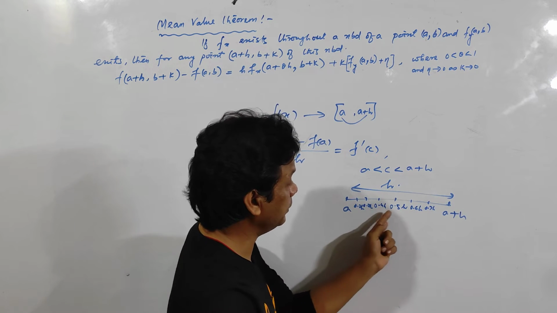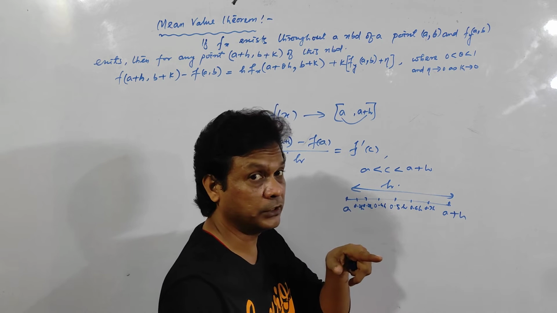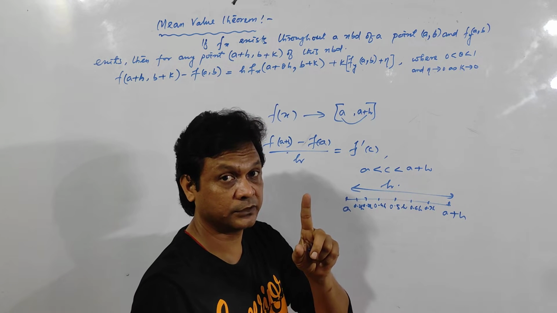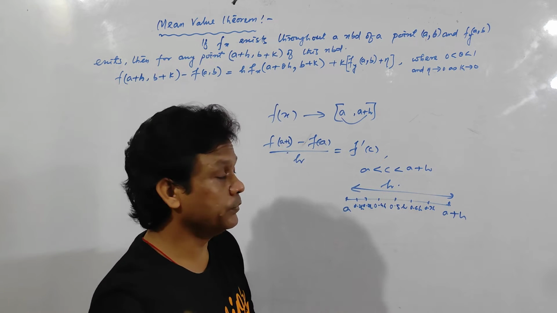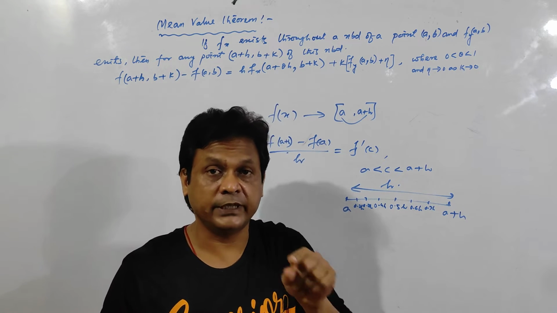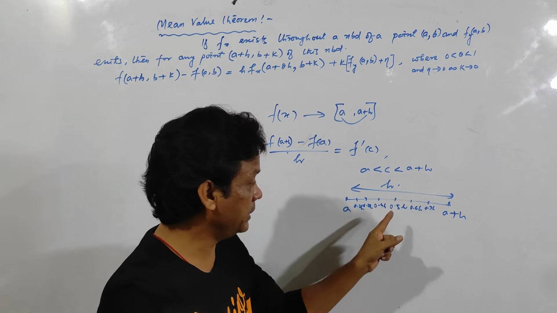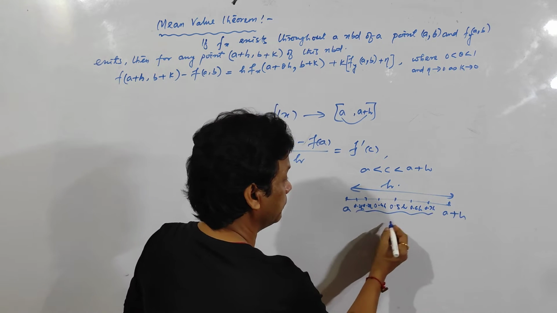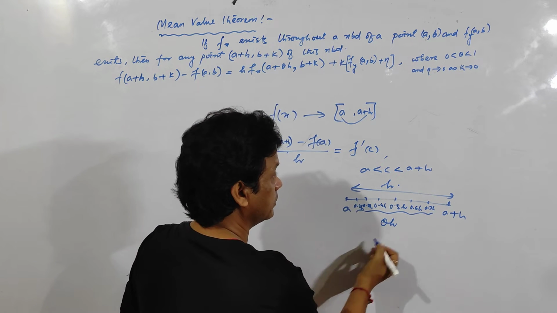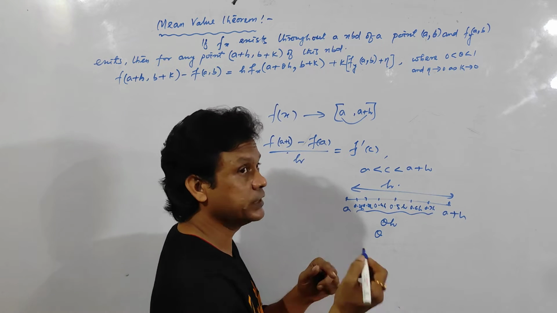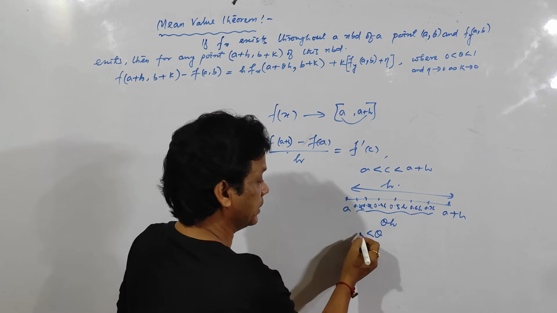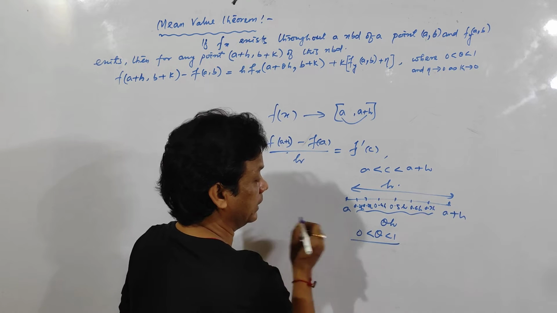All are multiples of h, but that multiple is point something, because the total length is h. So you are taking point something into h. If I write the multiple as theta, it is theta into h, and theta is point something. Point something means it is greater than 0 and less than 1. I can write it like this.